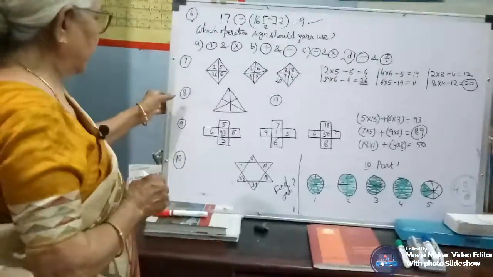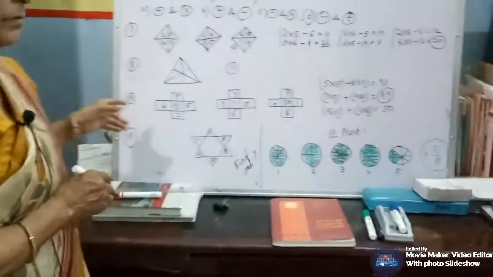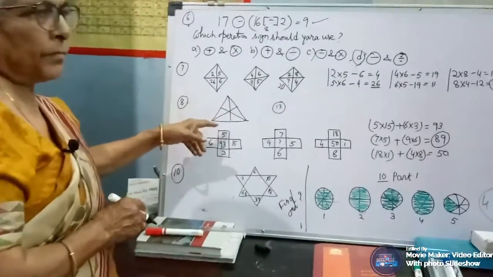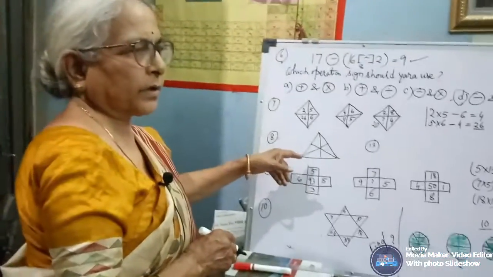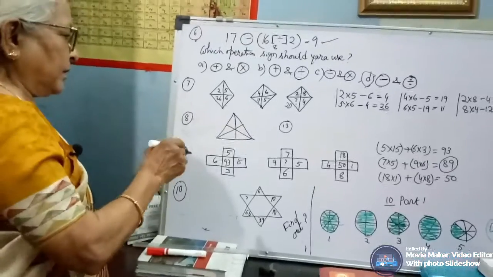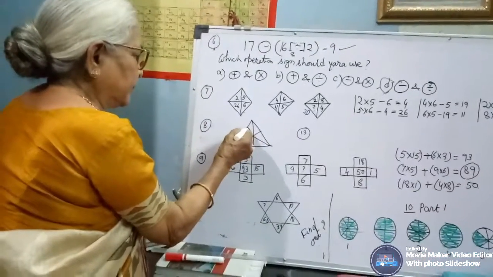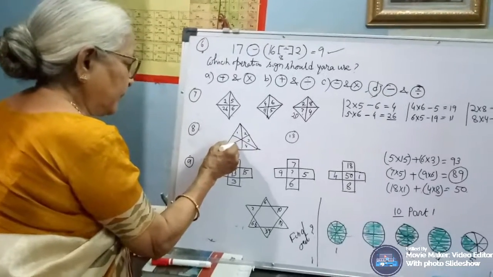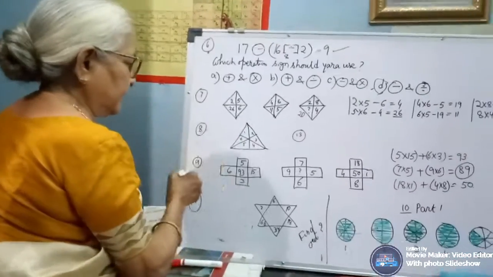Now question number 8. One diagram is given. There are so many number of triangles here and we have to find out and count the number of triangles. So let us count. This is 1, 2, 3, 4, 5, 6.